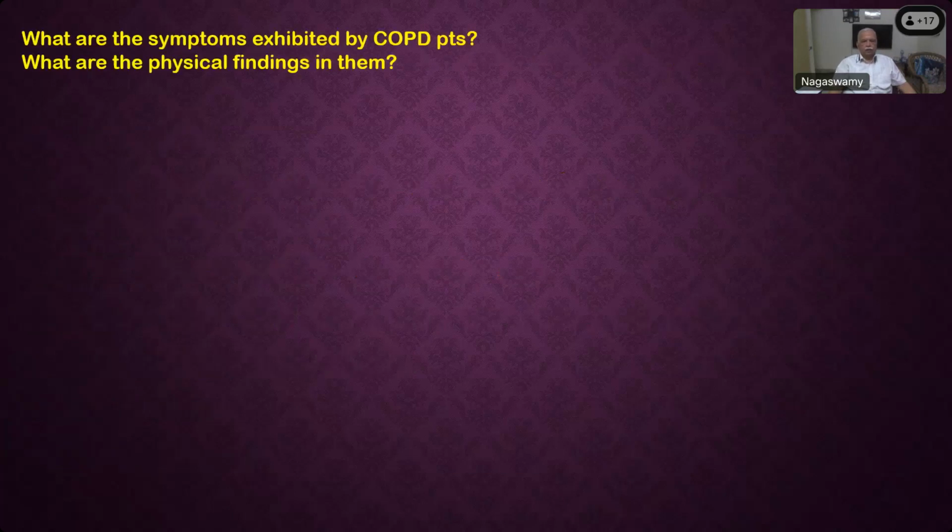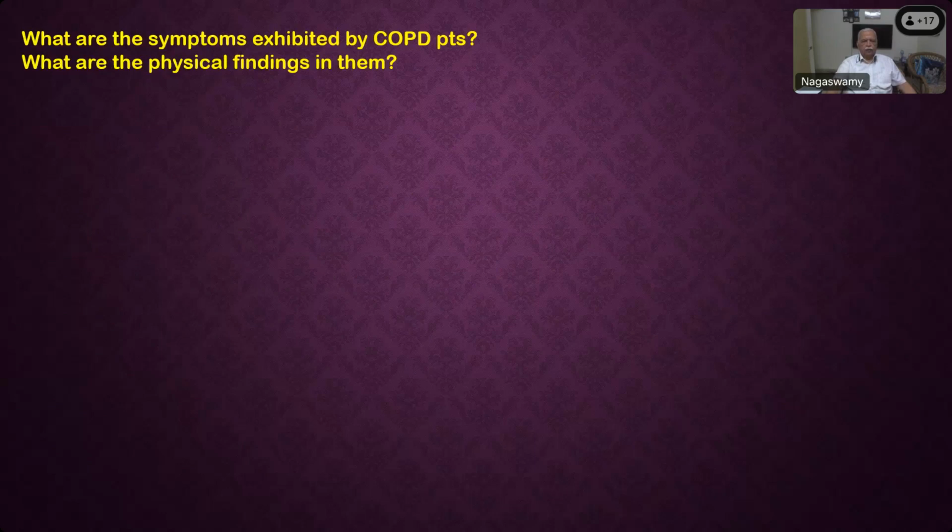What are the symptoms exhibited by COPD patients and what are the physical findings you will find in them? After history taking, we are going to examine the patient, or ask about the symptoms they feel.